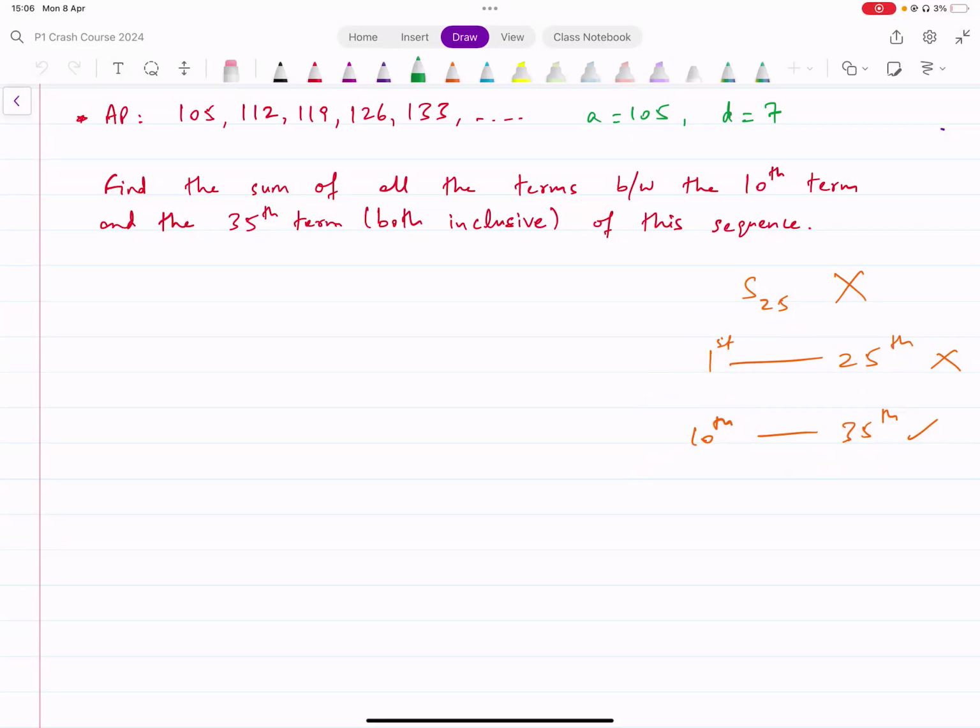Okay, so what you're saying is we could do something like this. If we want the sum of all the terms from the 10th term to the 35th term, find the sum of the first 35 terms, subtract from that the sum of the first 10 terms, and that's going to give us the sum from the 10th to the 35th term. Is that going to work?